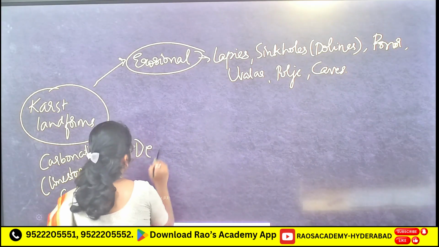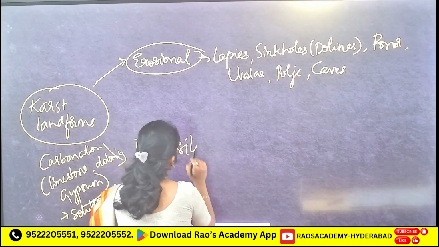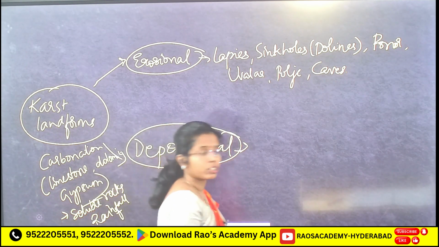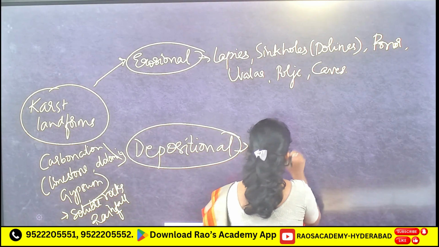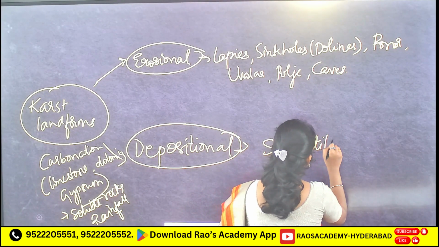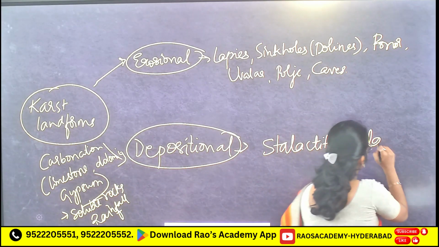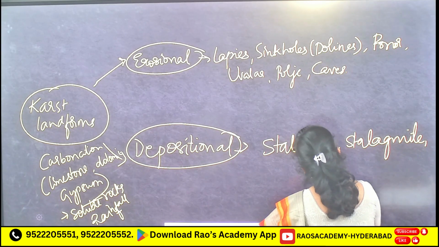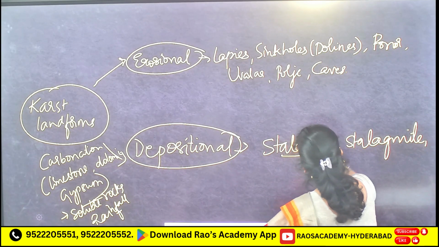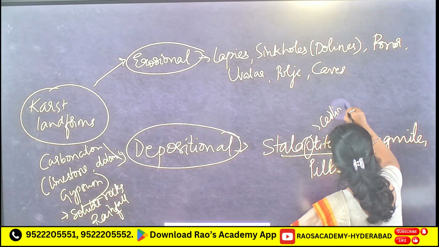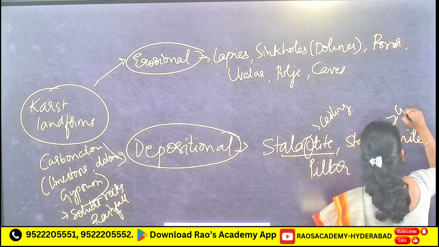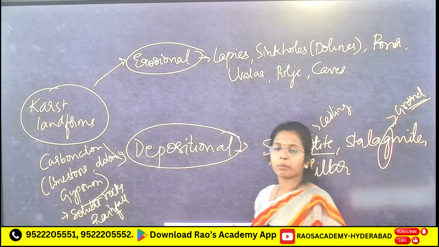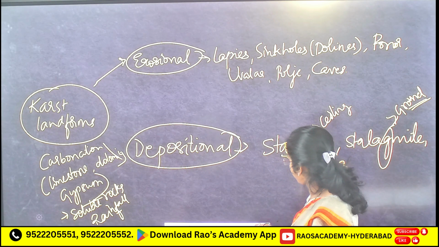Here, depositional: stalactite, stalagmite and pillars. Stalactite: C for ceiling, hanging from the ceiling. Stalagmite: G for ground. These you have to remember in karst landforms.